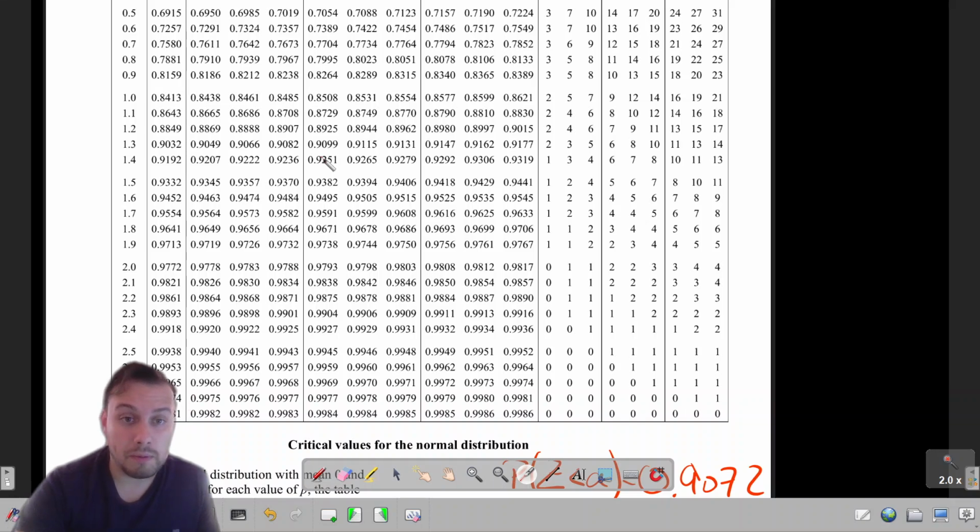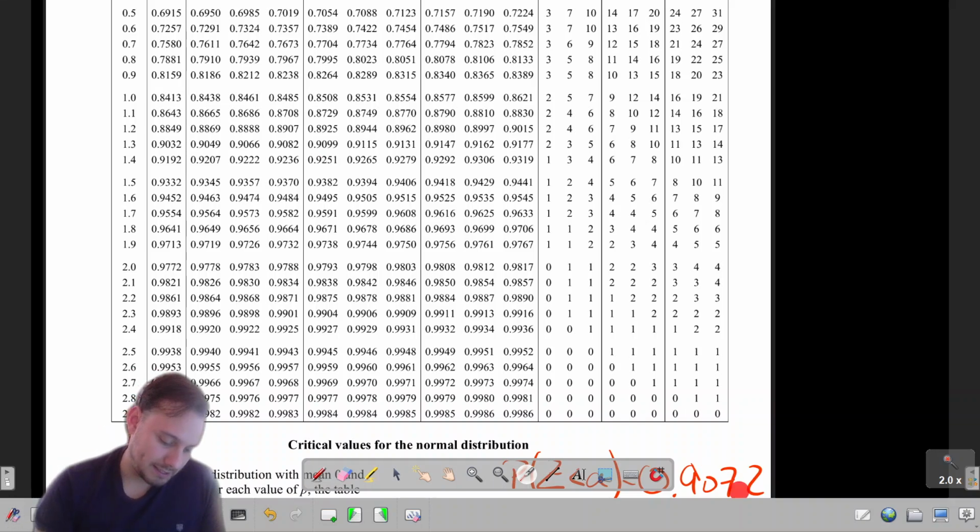How are we going to work? Well, remember that these probabilities are found by the number on this side of the chart, and then we're adding something. So maybe what we need to do is consider the number that is previous to that, and then see what we can add.